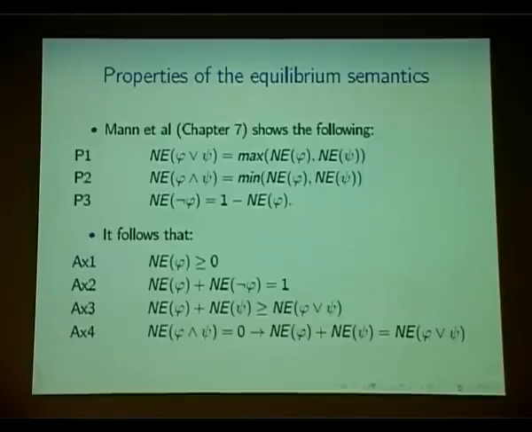Remember, we are in the case of IF logic, so there are indeterminate sentences in the logic. So it follows that the following principles are also obtained, which I mentioned as axioms. And the Nash equilibrium of any sentence is greater than 0, and then we have them here. So the probability interpretation obeys the Kolmogorov axioms of probability.